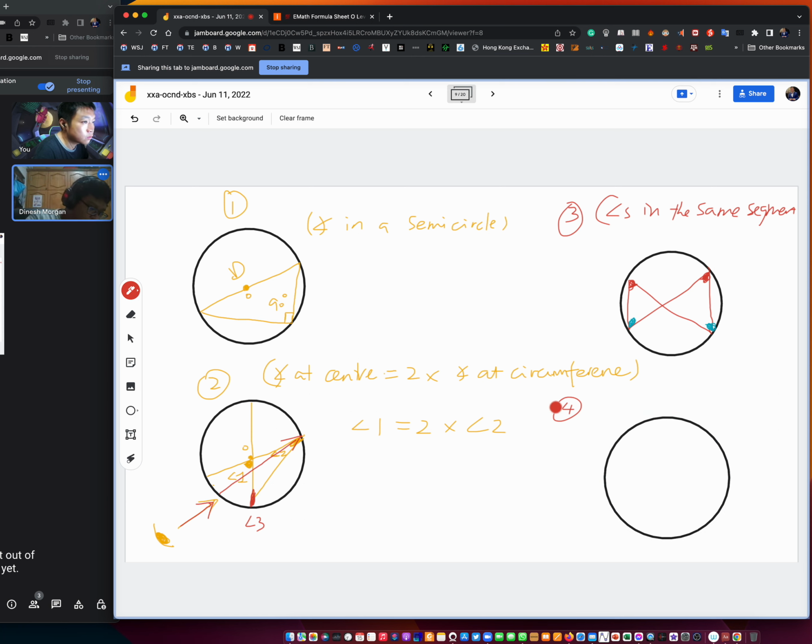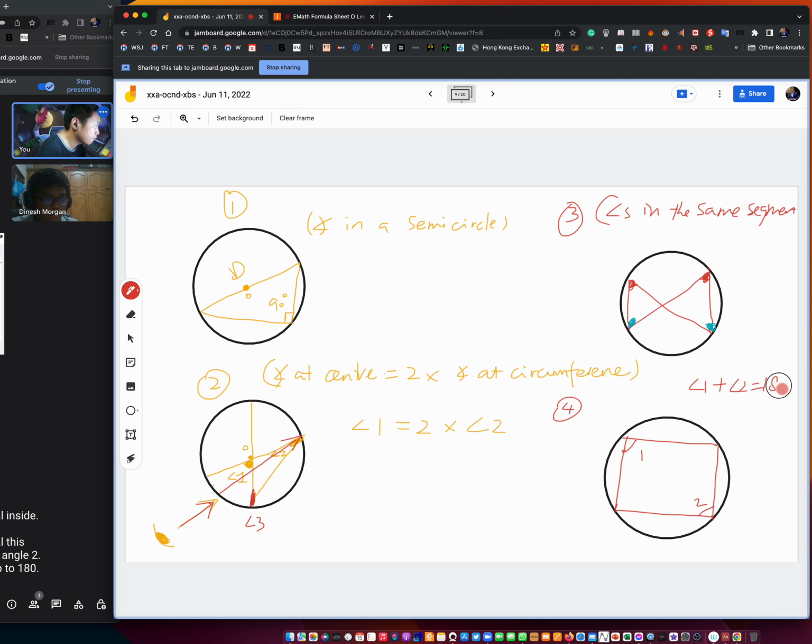So you have a quadrilateral inside, any quadrilateral. Angle 1 and angle 2 add up to 180. This rule is called angles in opposite segment.